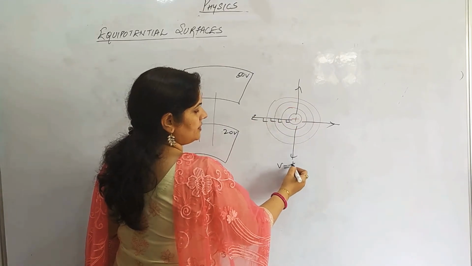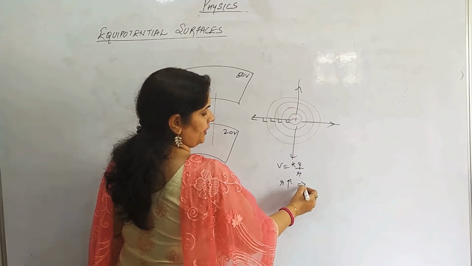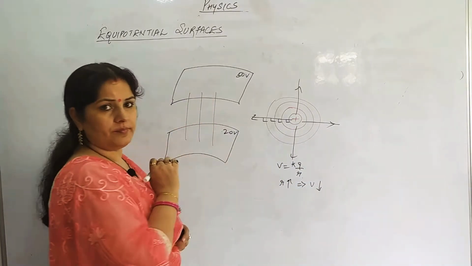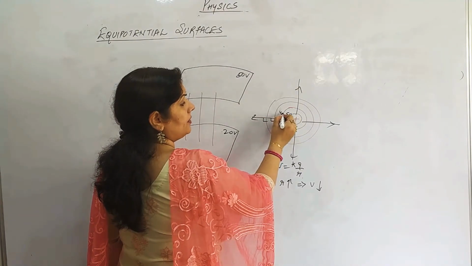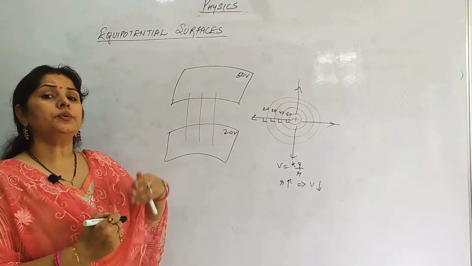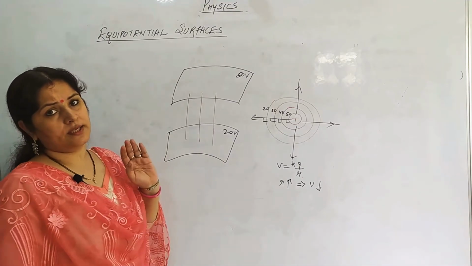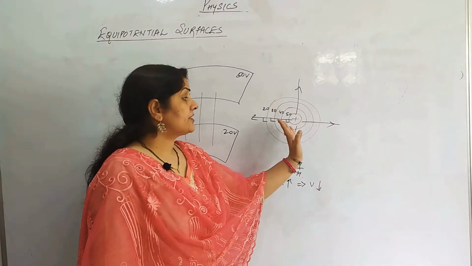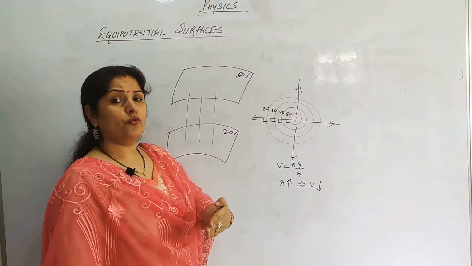We know that V is equal to KQ by R. As R increases, potential is going to decrease. For this point, if I am taking 50, then it will be 40, then 30, then 20 and so on. As you increase the distance, the value of potential will decrease, right? So as electric field lines move outwards, the value of potential will fall.